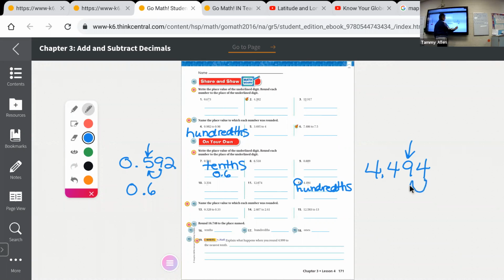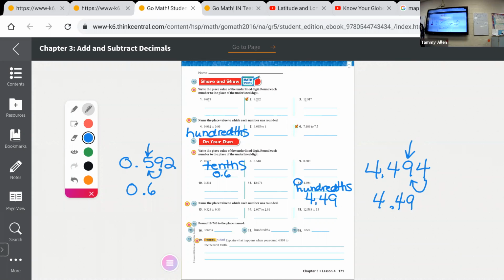What does the 4 tell me to do with the 9? I'm eliminating everything to the right, so my rounded amount would be 4 and 49 hundredths. Questions on that? Any questions?